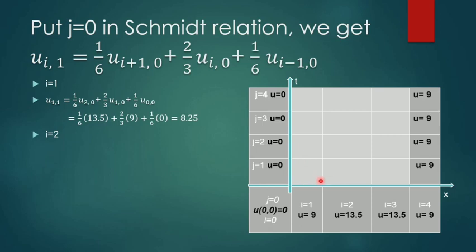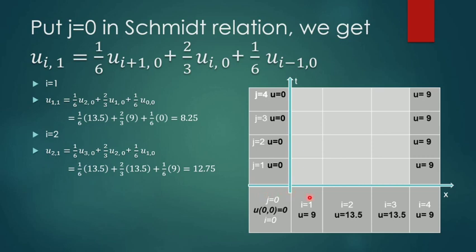Similarly, when i is equal to 2, you will get the value of u 2 comma 1 using these three values. But first let us substitute i equal to 2 in this equation. So you have u 2 1 is equal to 1 by 6 into u 2 plus 1, 3 comma 0, plus 2 by 3 u 2 comma 0 plus 1 by 6 u 2 minus 1, that is 1 comma 0.